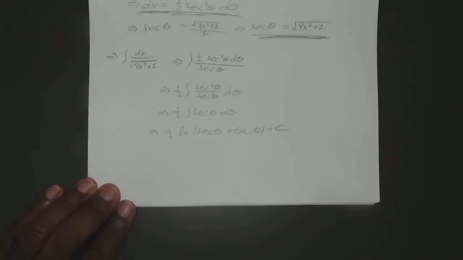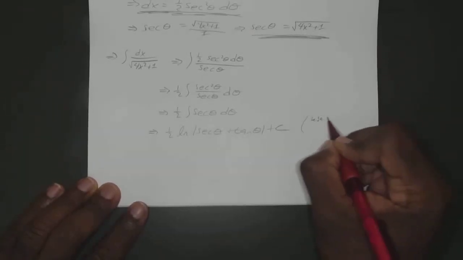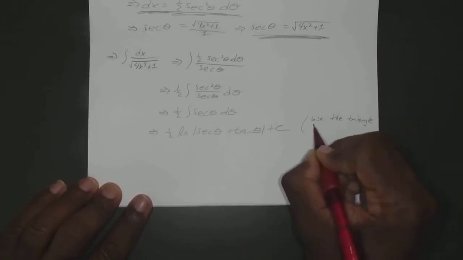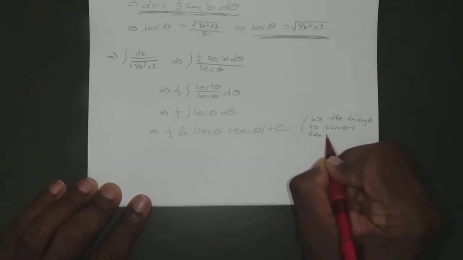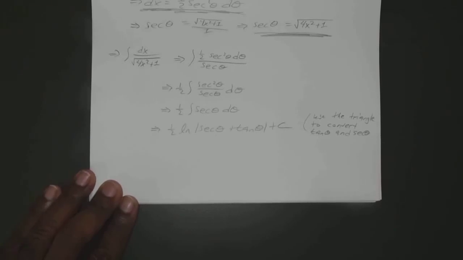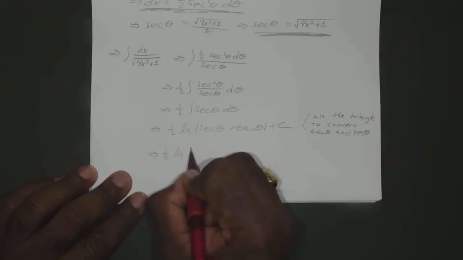All right, so once you get that answer, now you just use your triangle to convert tangent theta and secant theta. All right, so we know that secant is hypotenuse over adjacent. You have 1/2 natural log.